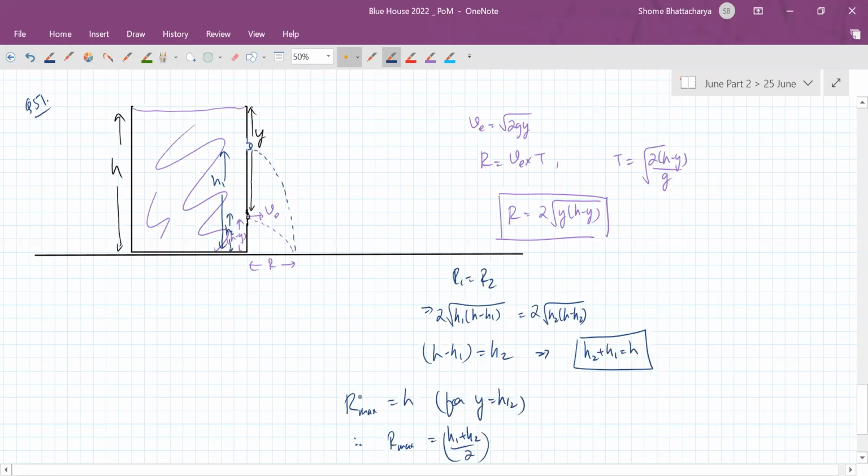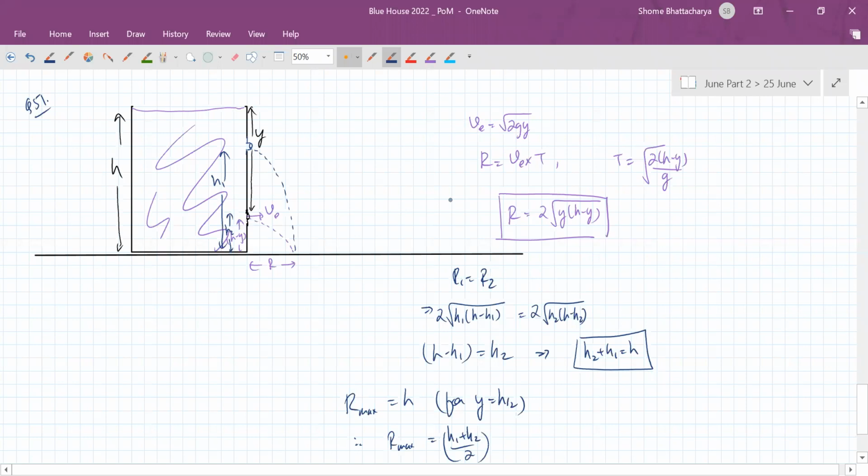So actually two things are combined in this question. One is that if you have two holes which are at heights h1 and h2, you can take the height from the bottom or from the top, it doesn't matter. But if they are having common value of range, then h1 plus h2 must be equal to h.